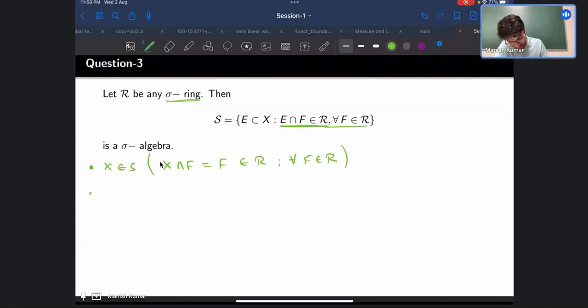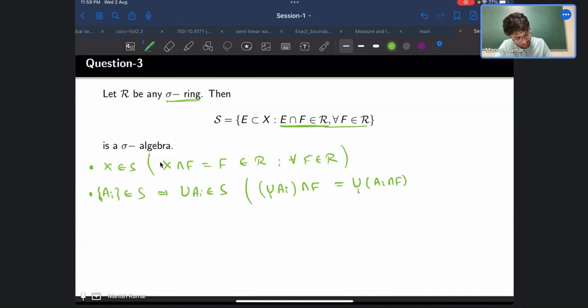Okay. The second thing is that if A_i belongs to S, then you have to show that the union of A_i belongs to S. The union of A_i belonging to S means if I intersect the union of A_i with any element F of R, I should get it in R. So the union of A_i intersecting with F will be nothing but the union of F intersecting with each of the A_i, right?